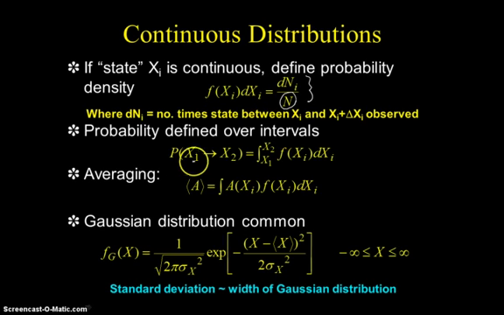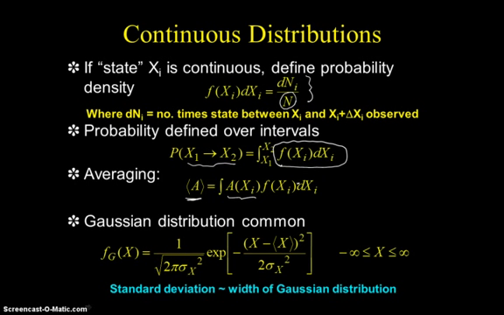So the probability of a state being between x1 and x2 is given by the integral from x1 to x2 of the probability density function. Now what we can do with that, if we know that probability density function, we can plug it into our definition of an average and say what the average value of a property is. So for example, if A depends on x_i, we take the integral, and if we're going to integrate over all possible states, we'll get the true average value of A. It's going to be the integral over all states of the property times its probability density.